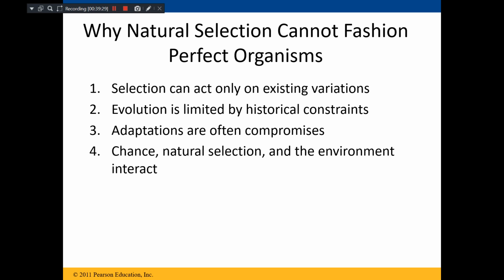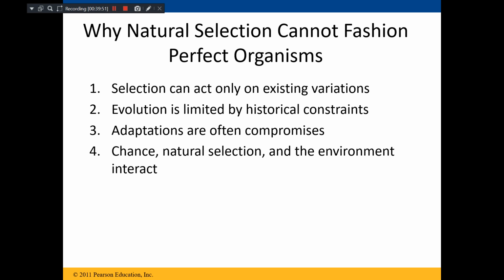You may ask, when natural selection is continuously operating, why can't it fashion out some perfect organism? Probably because of these four reasons, natural selection fails to bring the perfect organism.